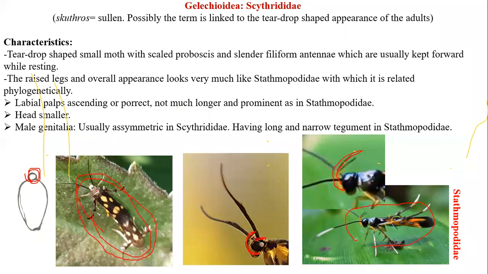However, we can separate Schistodidae from Stathmopodidae and Cosmopterigidae based on this labial palp. If it is small and does not exceed the level of the head, then it belongs to Schistodidae. But if it exceeds the level of their head, then it belongs to either Stathmopodidae or Cosmopterigidae.